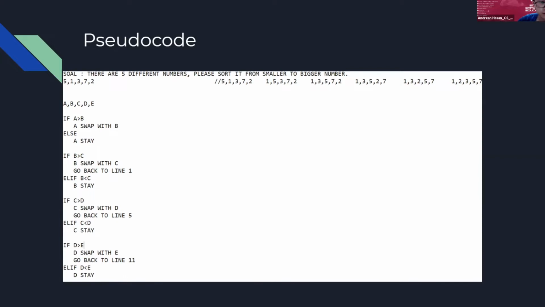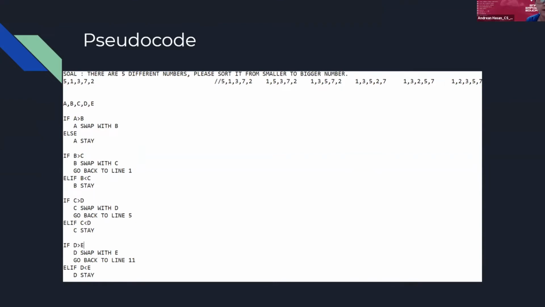First, if you see this line, if A is bigger than B, A swaps with B. What is swapped is the value of A and B, but not the variable. So if A is not bigger than B, there's no swapping. We go to the next line: if B is bigger than C, B swaps with C.